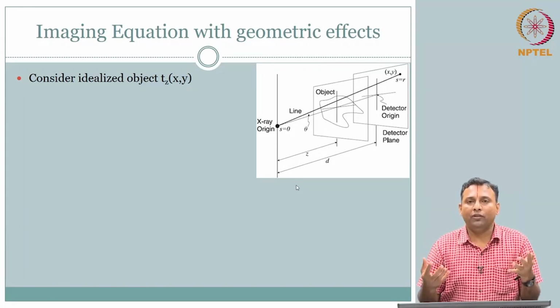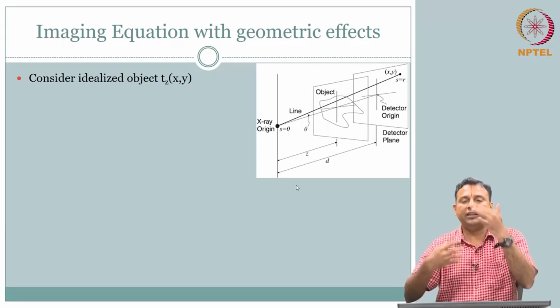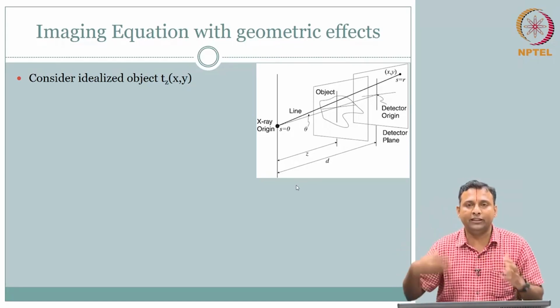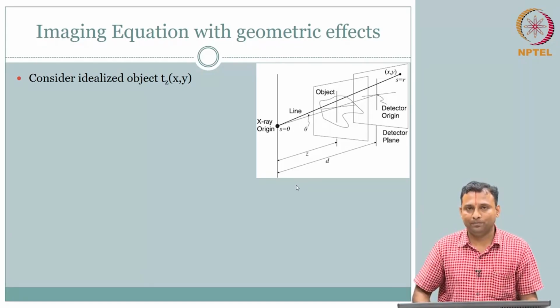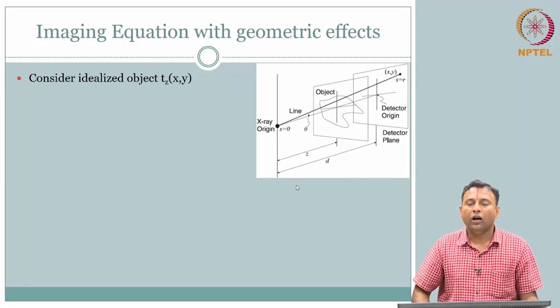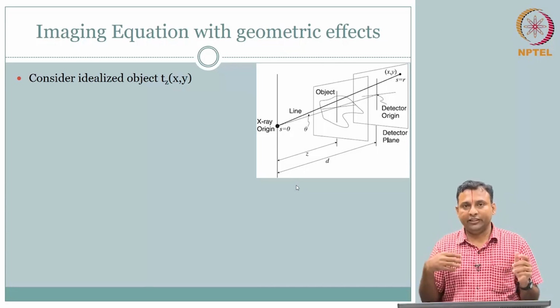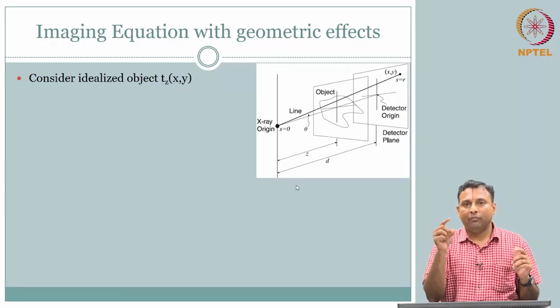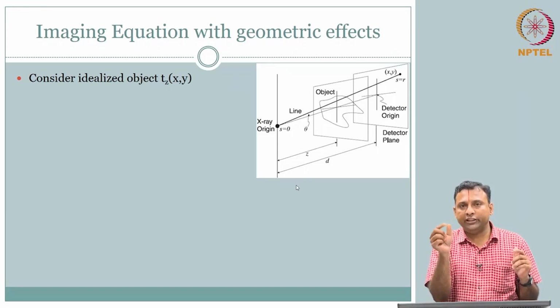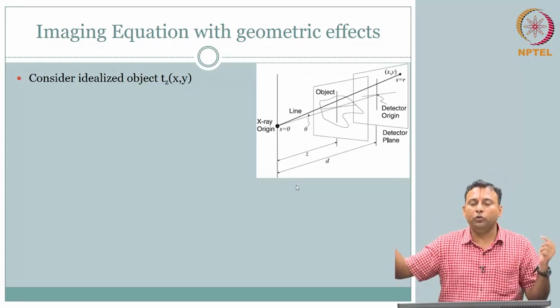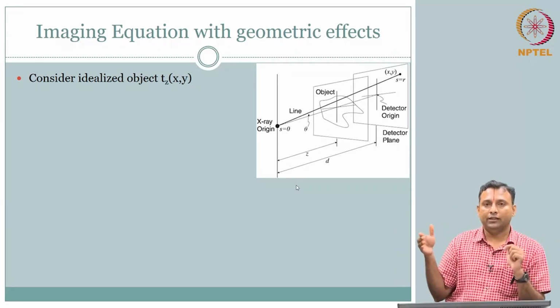Generalize it, what do we want? We want an object which has a different distribution of mu, where mu is changing in x, y, z. What we are interested in is the change in mu and the change in thickness, both of which contribute to whatever is coming out, the attenuation.